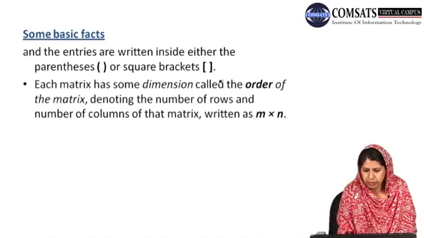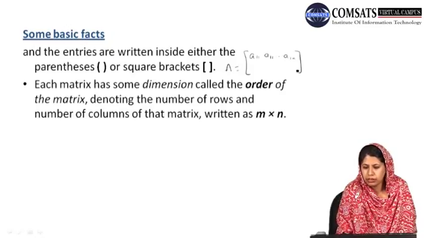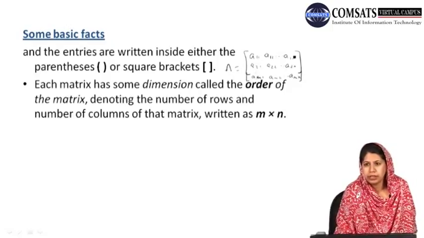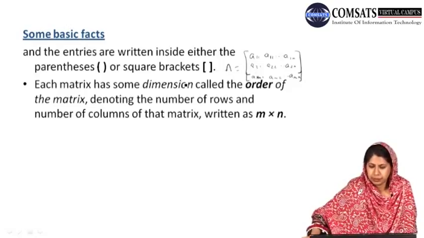We can also write our matrix A as A11, A12 and so on up to A1n, A21, A22 up to A2n, and continuing, Am1, Am2 up to Amn. So we can use either the square brackets or the parentheses to represent our matrix.